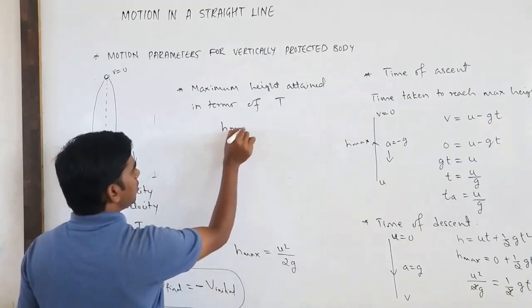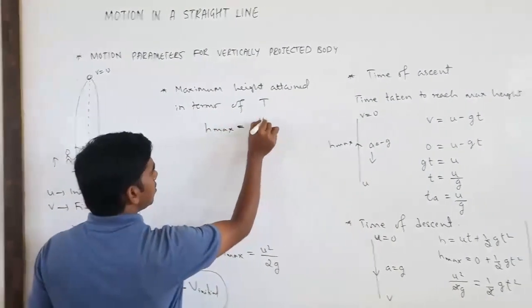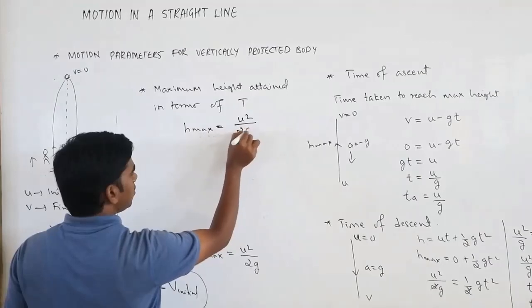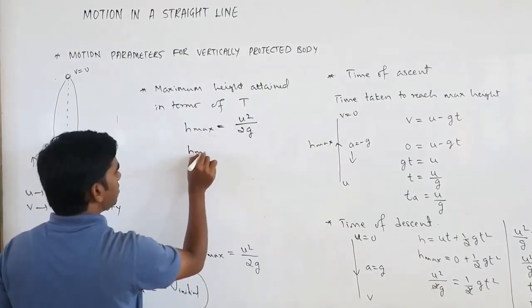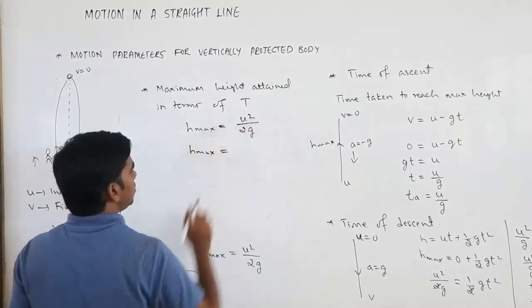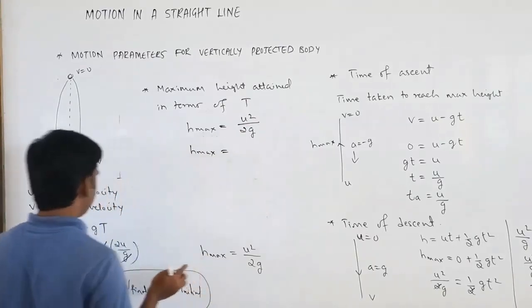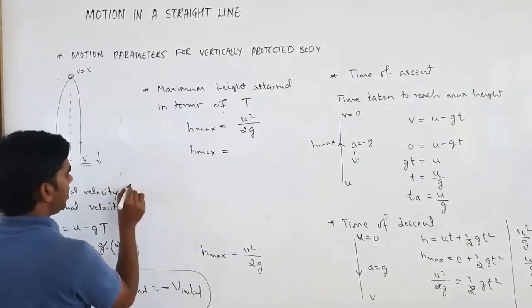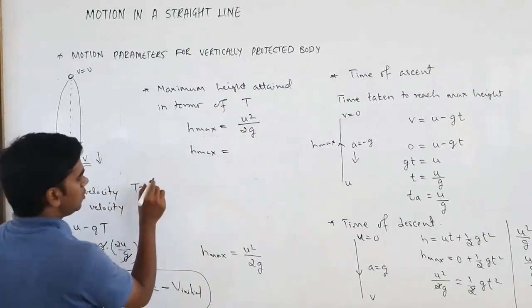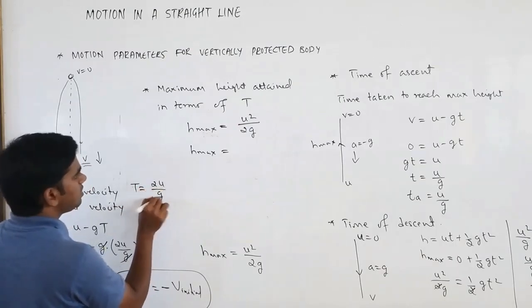H maximum is u square divided by 2g. You have to write it in terms of time of flight. What is time of flight? Time of flight is 2u by g.